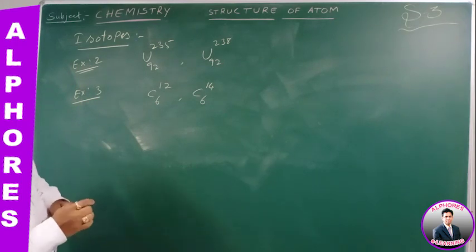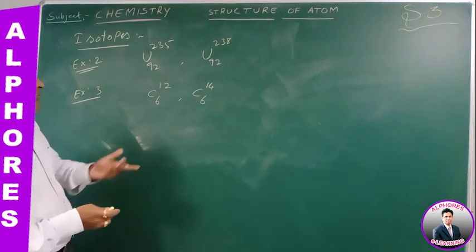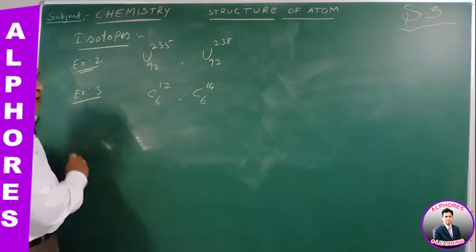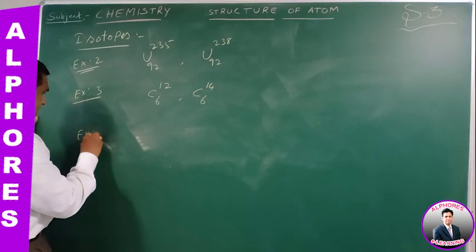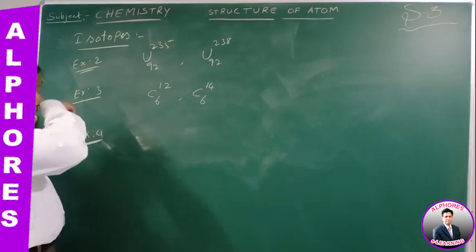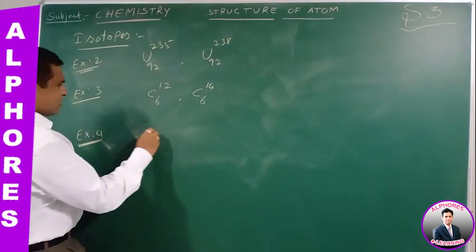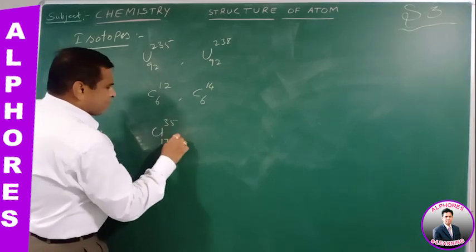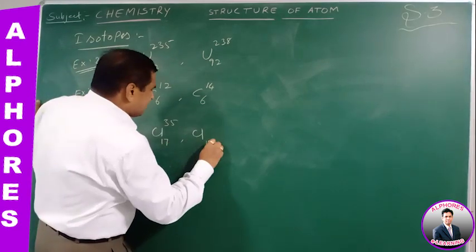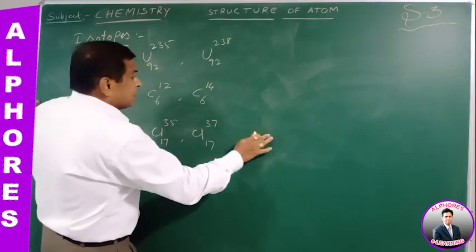And let us take isotopes of chlorine: chlorine with atomic number 17 and mass number 35, and chlorine with atomic number 17 and mass number 37. We know that.